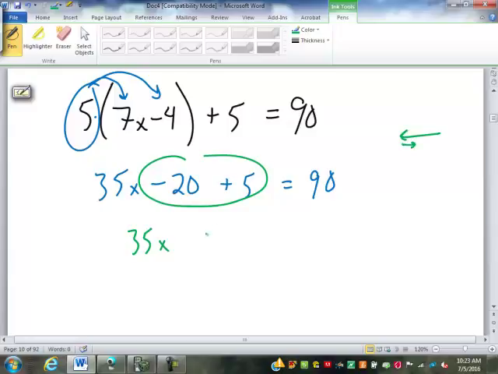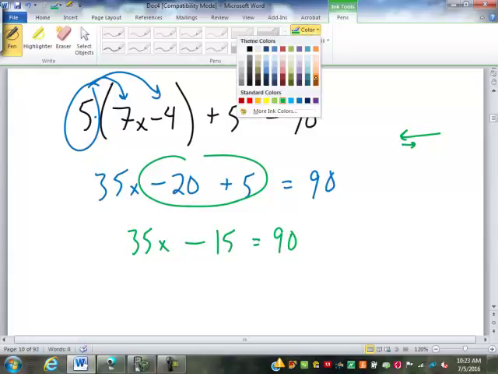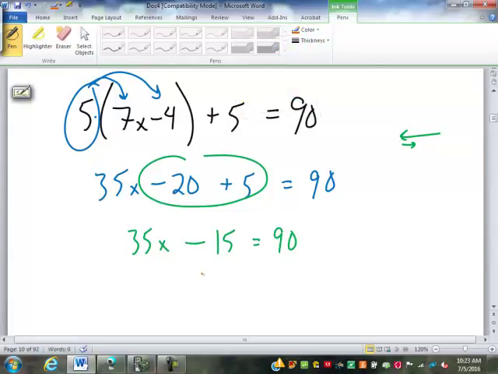Negative 20 and positive 5 is a negative 15. What's next? We're going to add 15 because you're subtracting 15, right? So 35x equals 105.